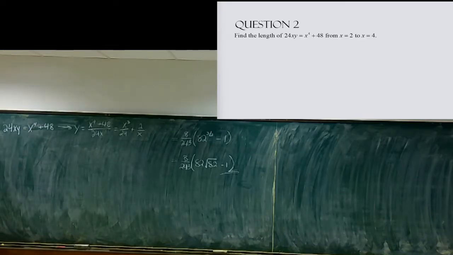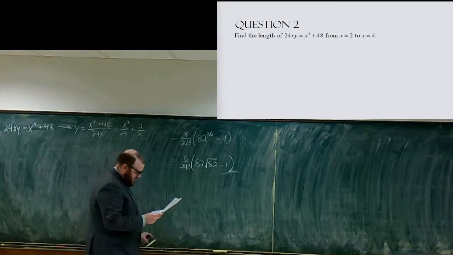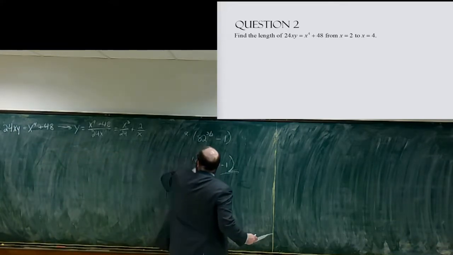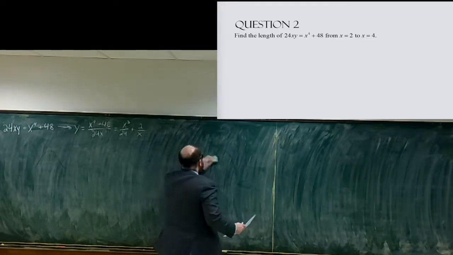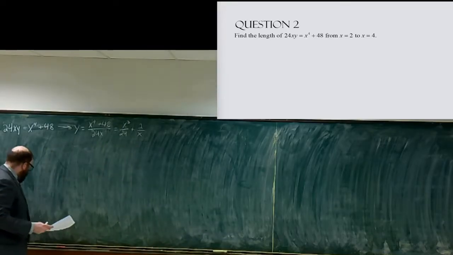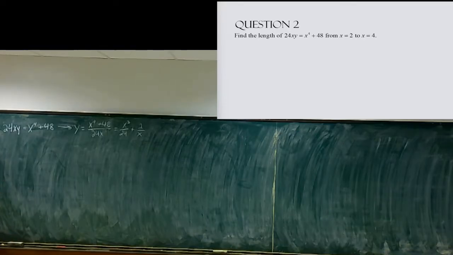It would simplify to x cubed over 24 plus 2 over x, right? And then you could easily find y prime from that.